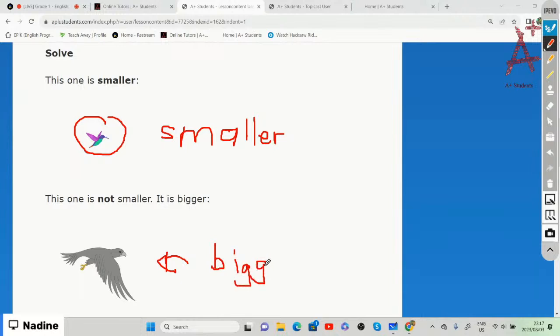So instead of just saying it's big, we can say it is bigger than the top bird. This is also a comparative adjective that compares two animals, and with comparative adjectives, it ends in er.